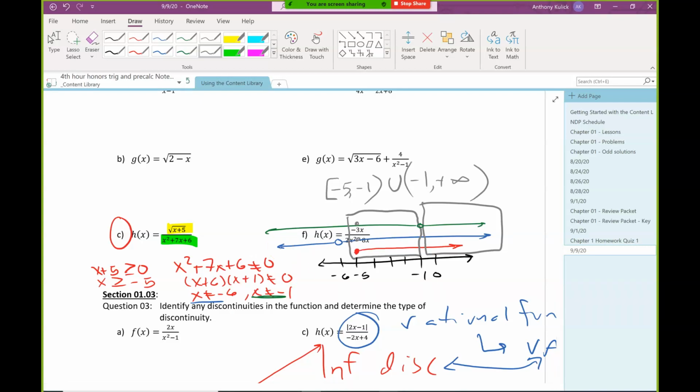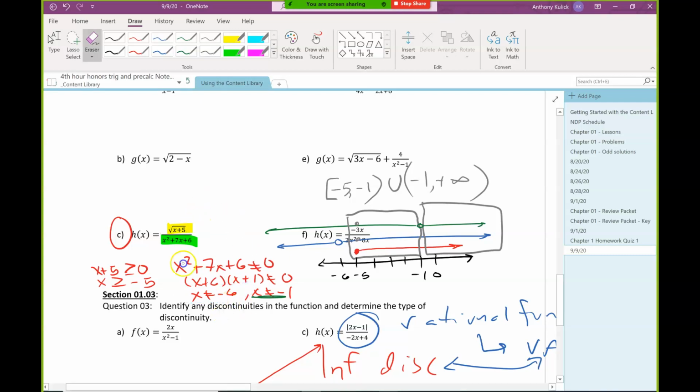So if I picked, say, negative 5.5, already the numerator is going to be undefined, right? Anything I pick that's less than negative 5 is going to make the numerator undefined. So the fact that I can't have negative 6 was covered by the numerator, so it didn't really matter, is another way of thinking about it.